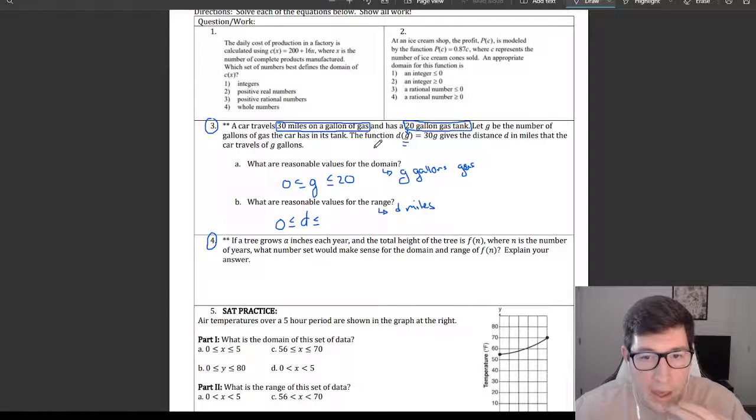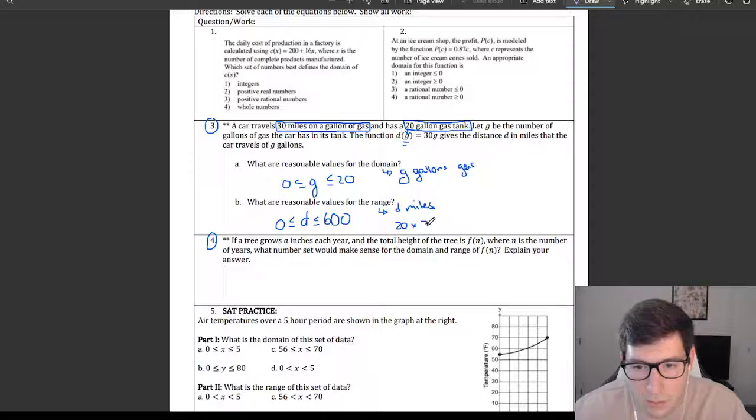And so really my cap is using all of my gas to go 30 miles on each gallon of gas. So my maximum range is going to be 600 miles, and that's simply taking that 20 gallons of gas, multiplying it by 30 miles per gallon to get 600 miles. And that's my upper bound here.